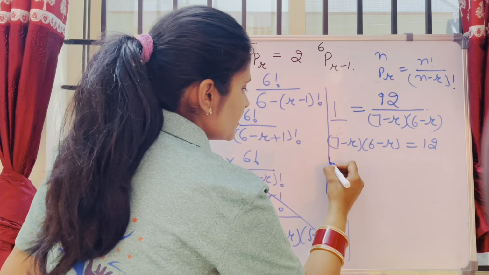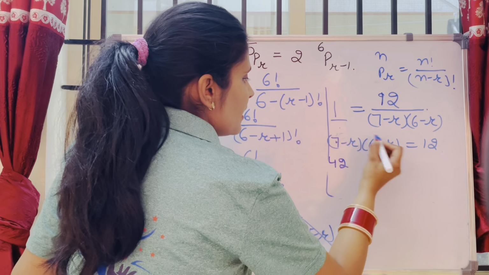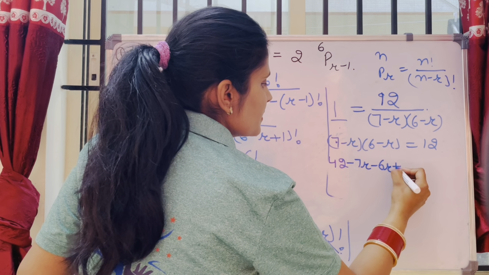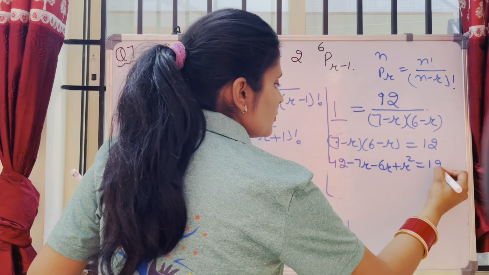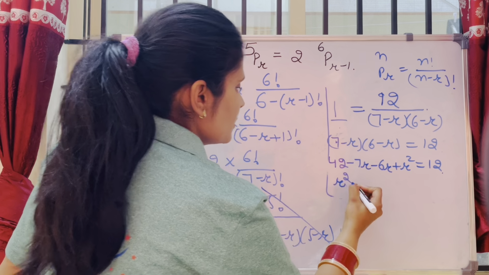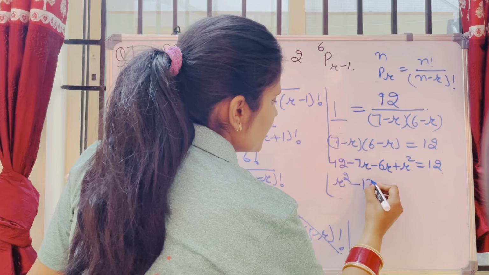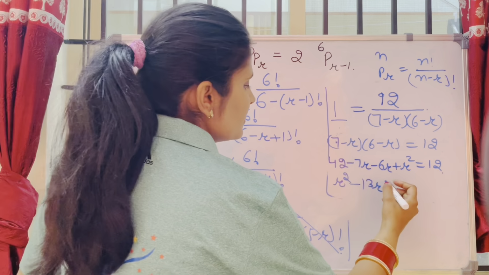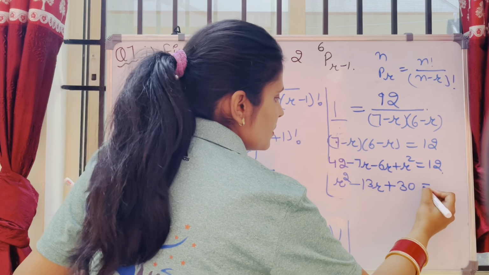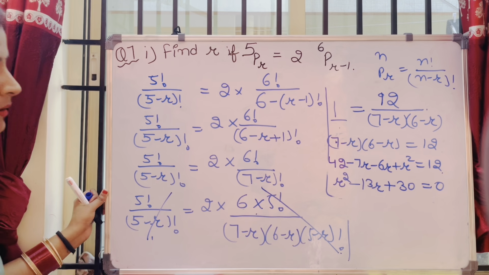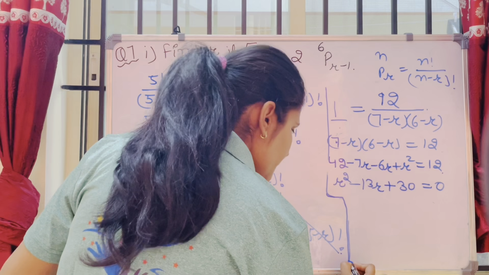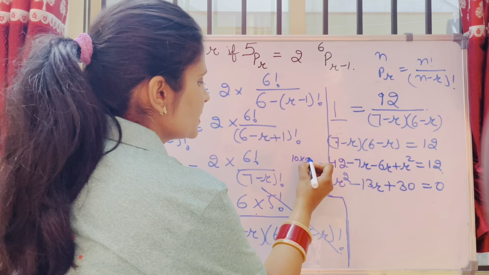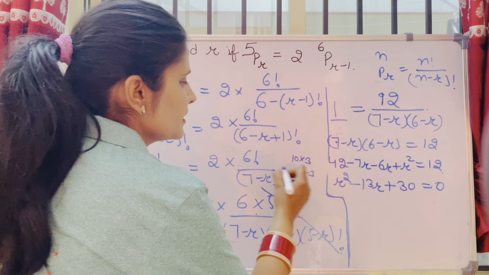Open the bracket: 7 into 6 is 42, and (7 minus r)(6 minus r) gives r square, so r square minus 13r plus 42 is equal to 12. So 42 minus 12, that is 30, is equal to 0. Now we will make factors. 10 into 3 is 30, and 10 plus 3 is 13.